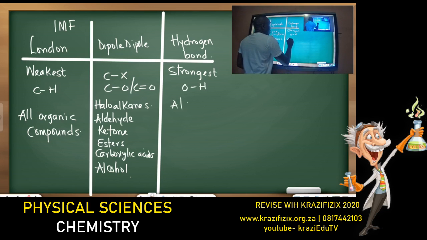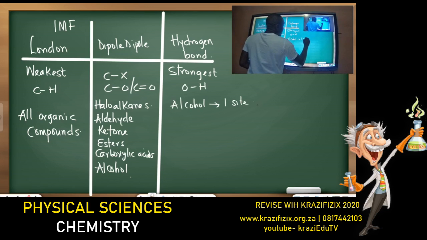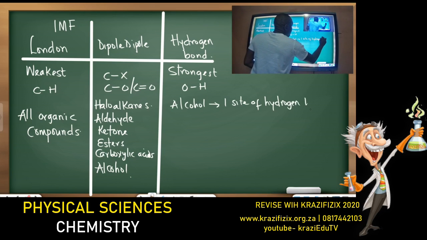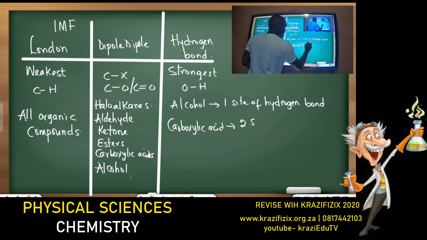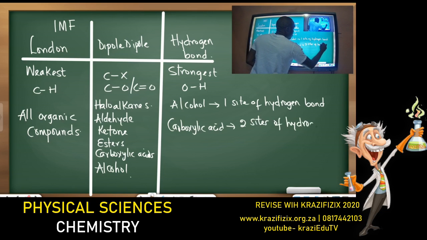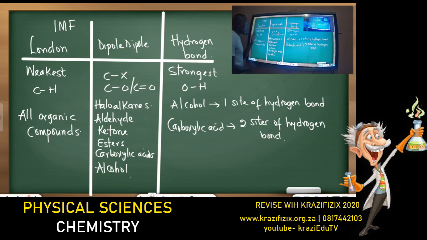And that you would have alcohol, which is basically one side of hydrogen bond, very key, and carboxylic acid, which is two sides of hydrogen bond. All right, so this is a crash course quickly on your intermolecular forces.